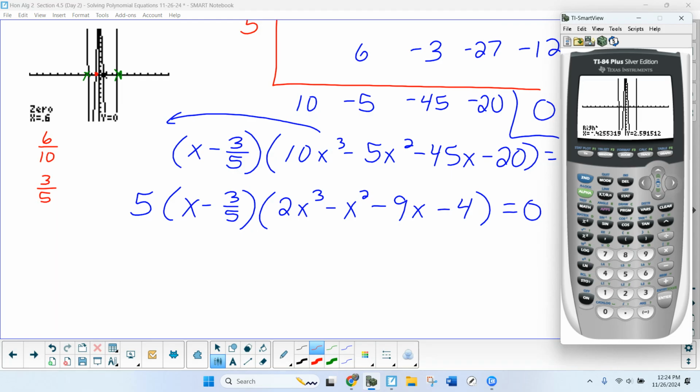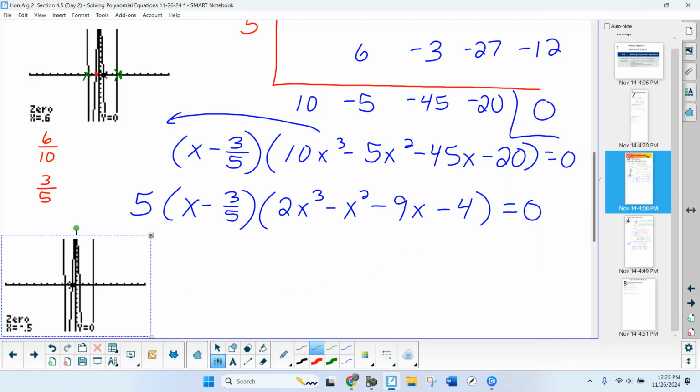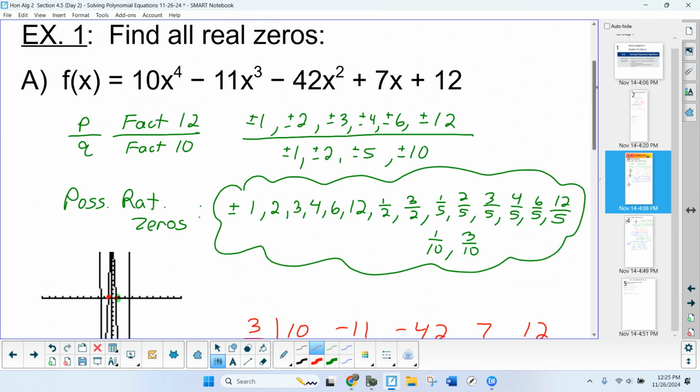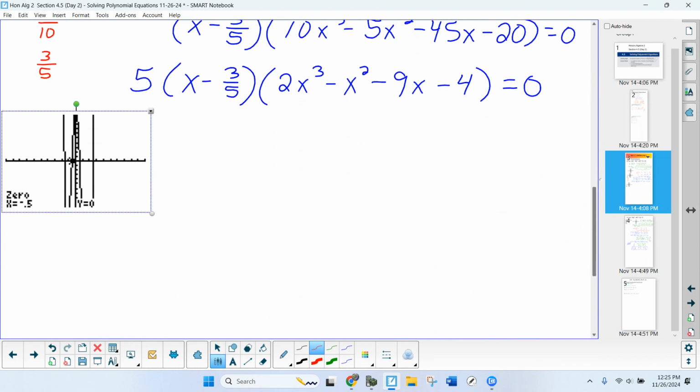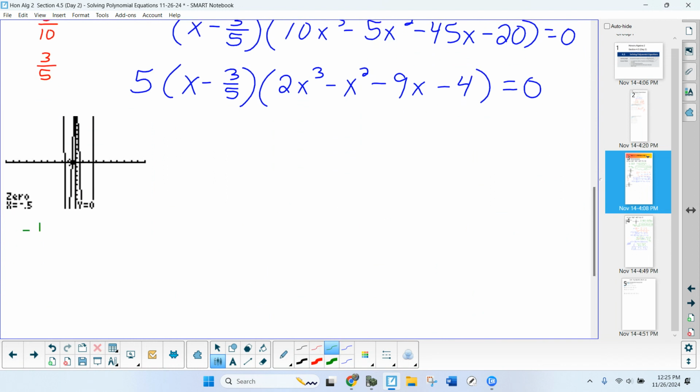Left bound. Right bound. I want it to guess. And what do you guys get for that one? Negative 0.5. Is negative 1/2 in my list way at the top? Yep.